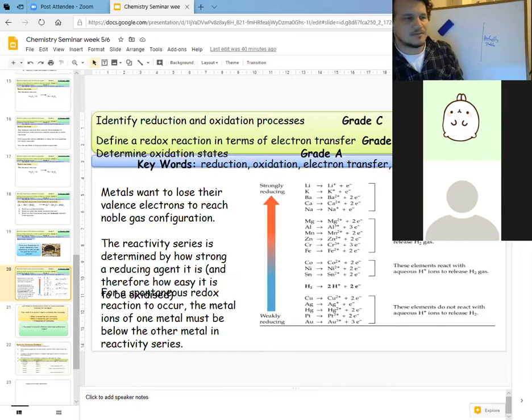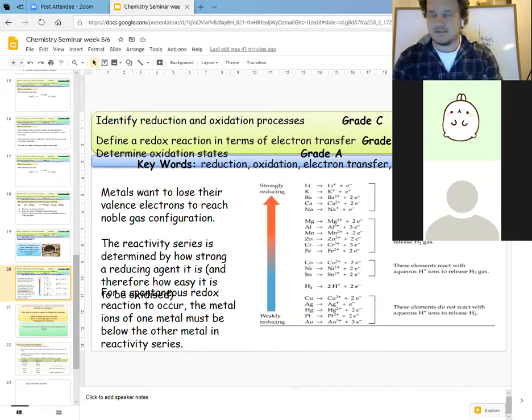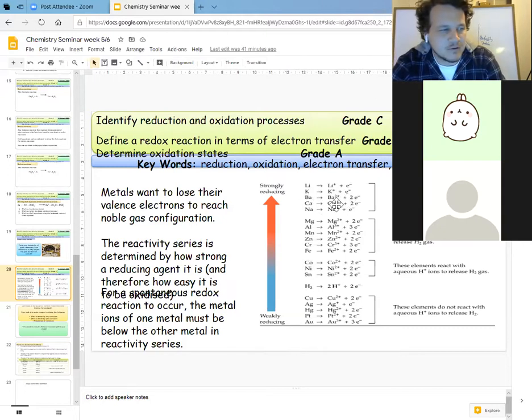So lithium is the strongest reducing agent. It will very, very quickly lose its one valence electron because it's in group 1. Potassium will do the same thing. Barium, calcium, they're all in groups 1, 2, and 3, with sodium being the 5th most reactive.